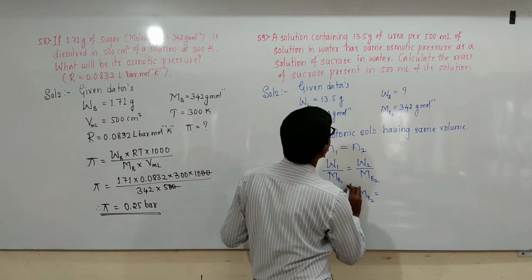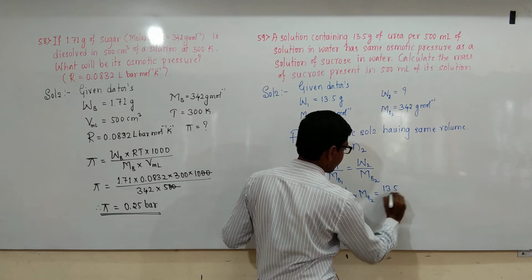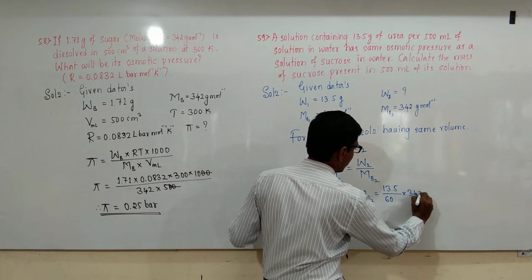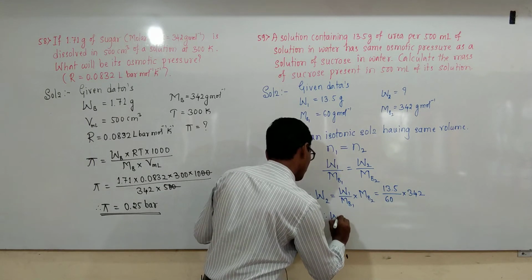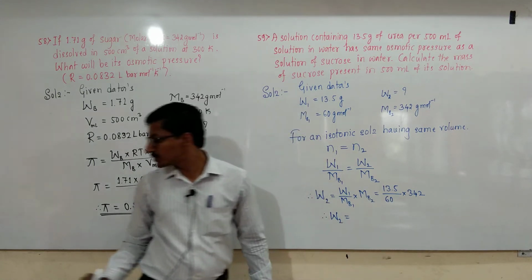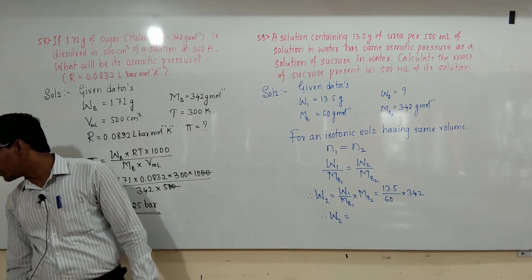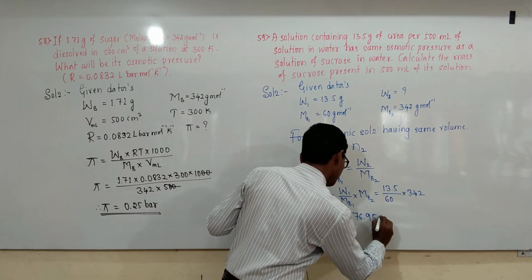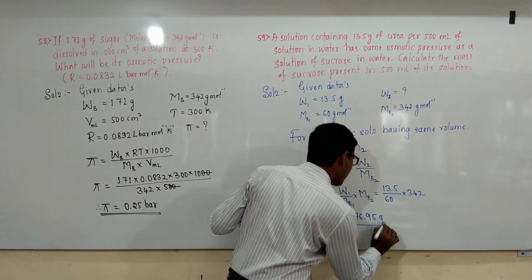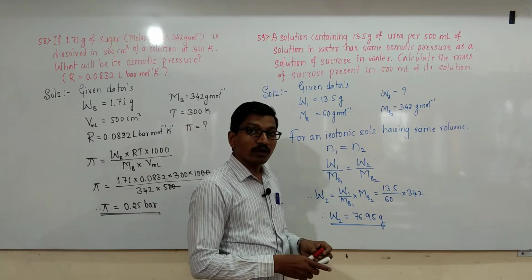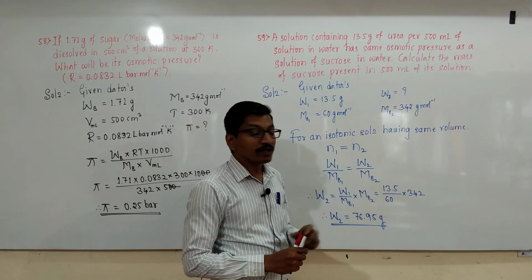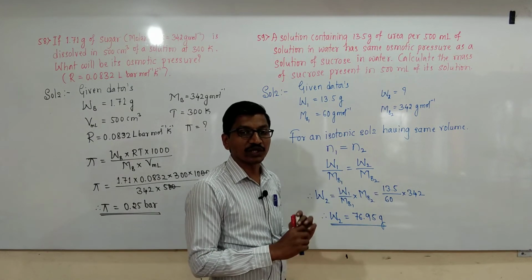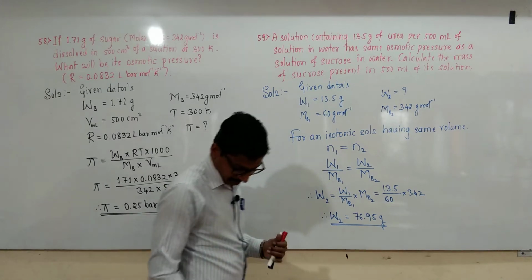Substituting the values, W1 is 13.5 divided by its molar mass is 60 into 342. Therefore, weight of sucrose is 76.95 gram. 76.95 gram of sucrose dissolved in 500 ml of water is isotonic with 13.5 gram of urea. The concentration of both is the same.